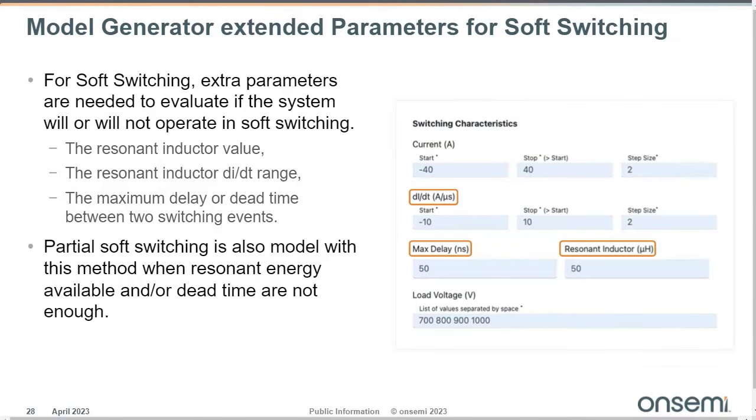So with that, we can capture soft switching, but also partial soft switching, when you do not have enough energy to reach zero on the drain voltage and transfer all the energy inside the capacitor to the other capacitor.